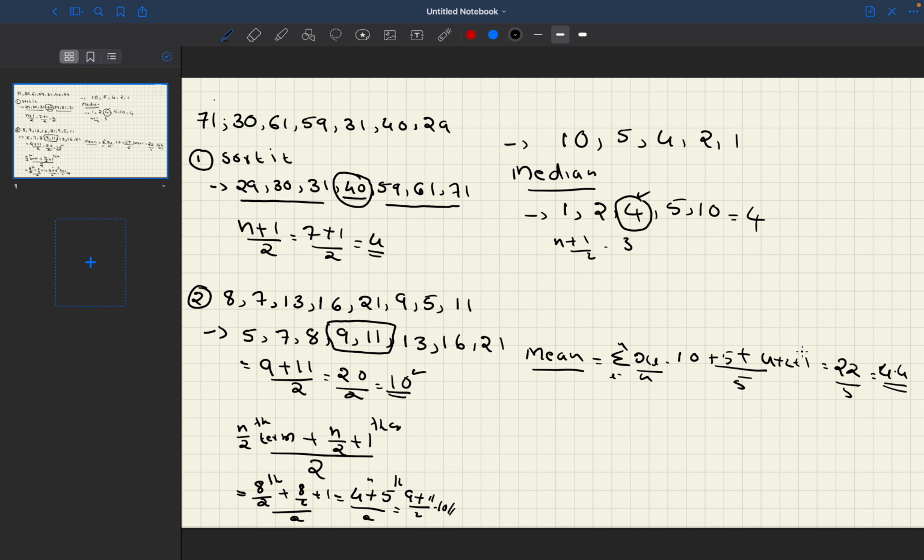Okay, so this is the mean. So here mean and median are almost the same, right? There is some change, but it is very close.